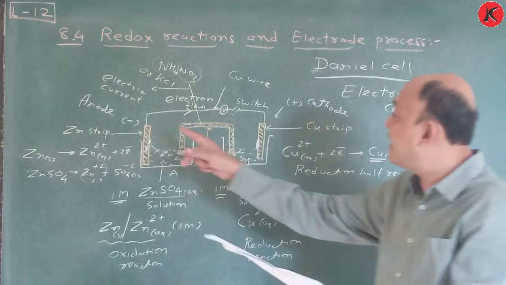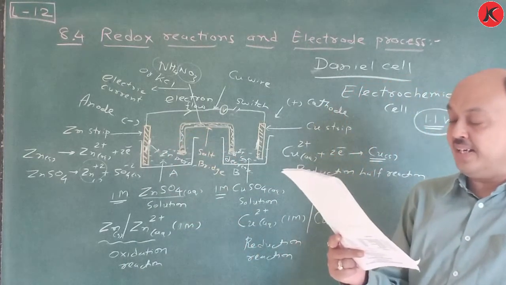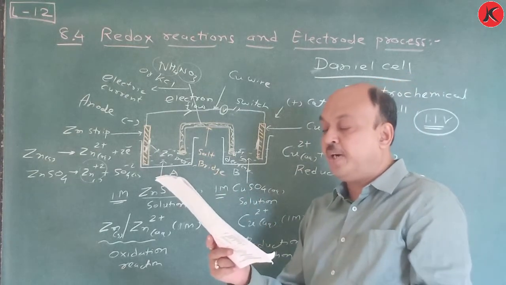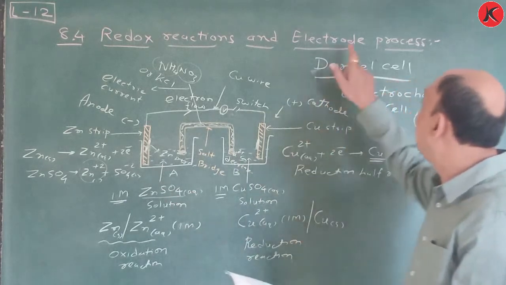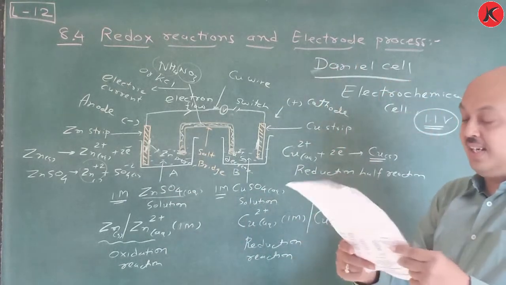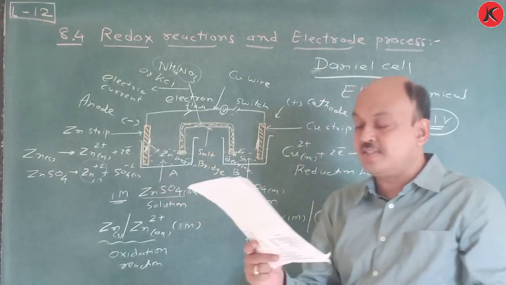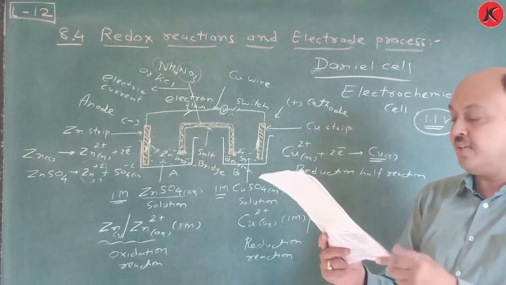Here some pressure is exerted, due to that this potential is developed, and that's why this is known as potential difference between the copper and zinc rods, which are known as electrodes. The potential associated with each electrode is known as electrode potential. Underline this.